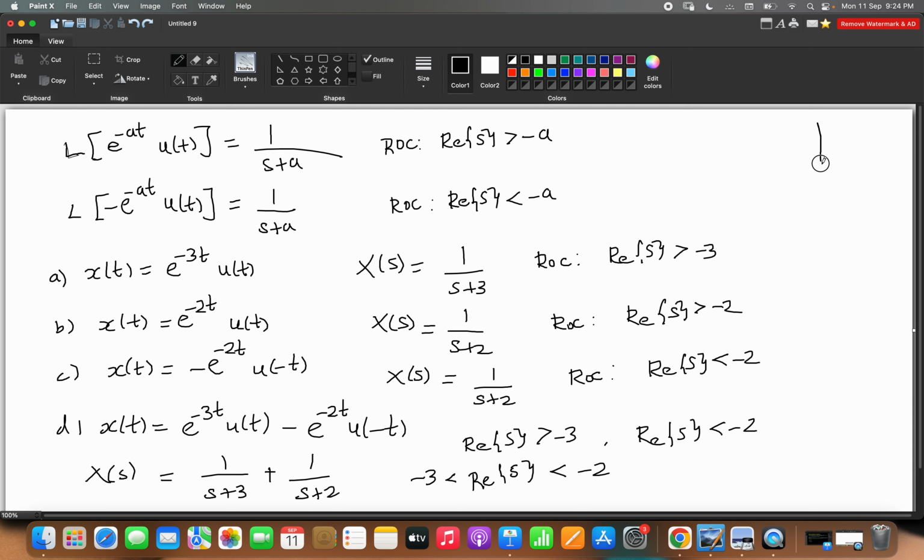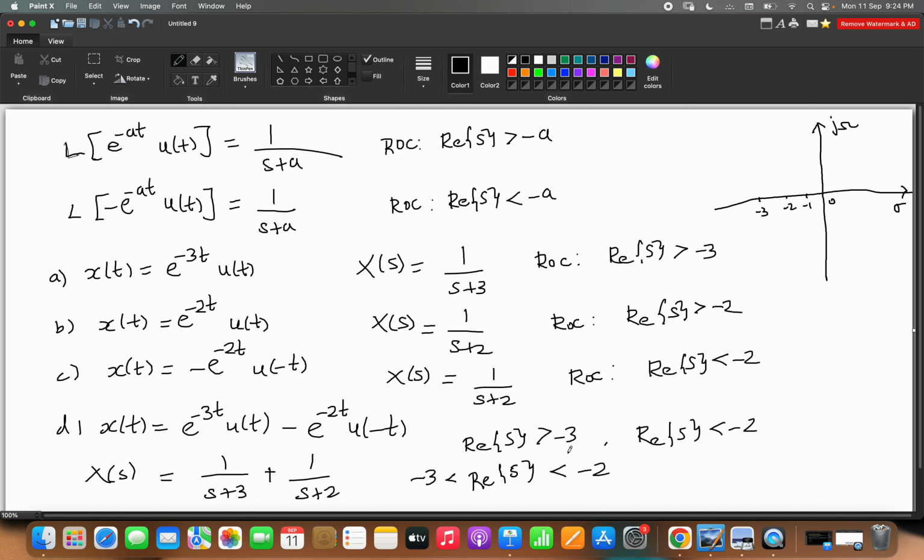If you mention the ROC in this plane, it will be like this. So the y-axis is the imaginary axis j omega, and the x-axis is the real axis sigma, and here this is the origin 0 comma 0, here it is -1, -2, and here it is -3.